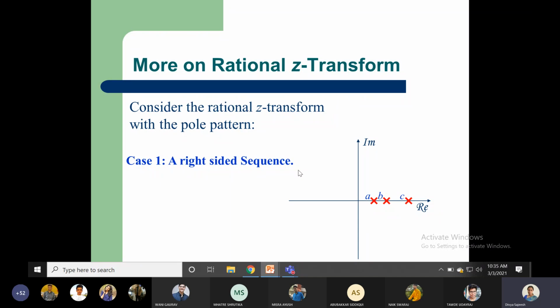Otherwise, I can say for a right-sided sequence, the region of convergence is the exterior of the circle with radius r, and for a left-sided sequence, it is the interior of the circle with radius r.